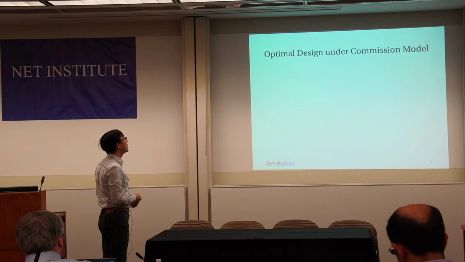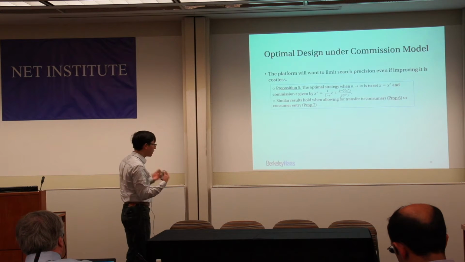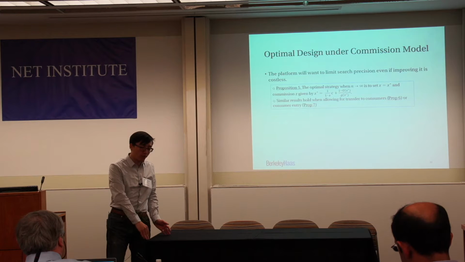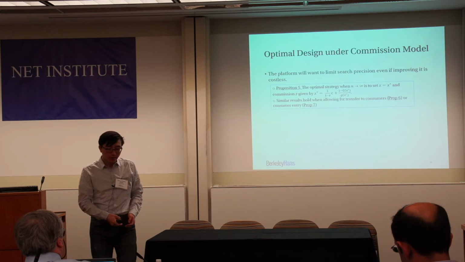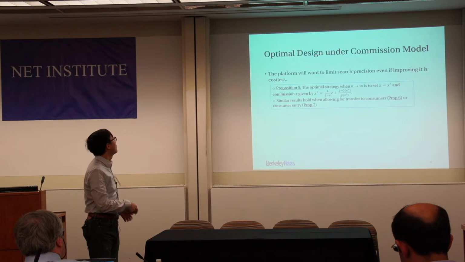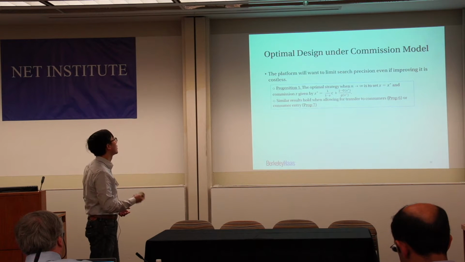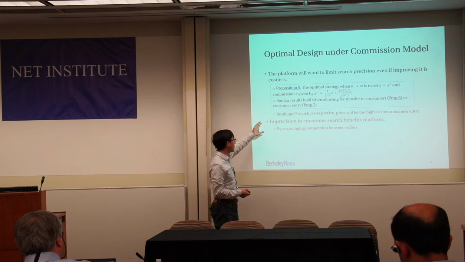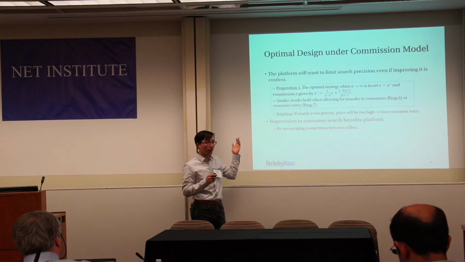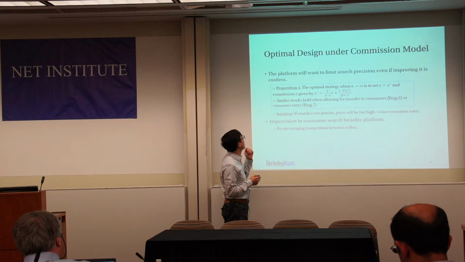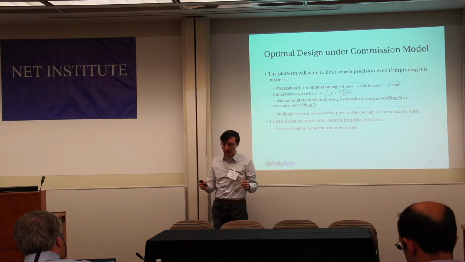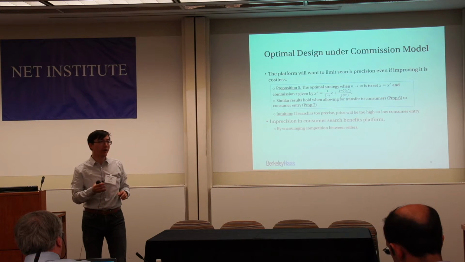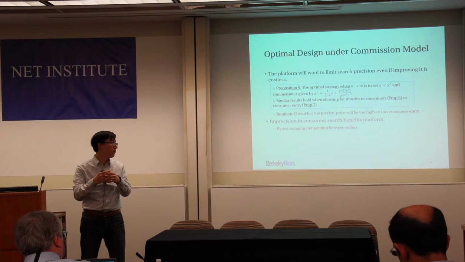Now, there is actually a limit to that, because if the platform increases the search precision too much beyond this limit, then price might be too high, which may not be optimal for the platform, even though the platform is also charging a very high commission rate. So the intuition, again, goes back to how the price is changing with the search precision. By actually making the search not so perfect, the platform can regulate the price by encouraging price competition between the sellers. Okay.